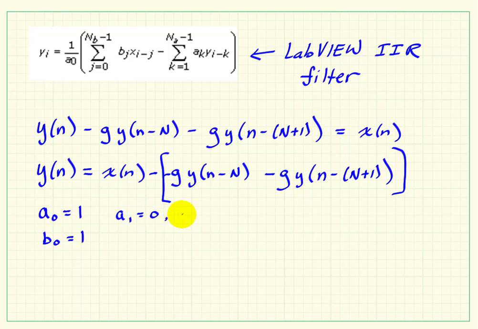We see that we'll have a long string of zero-valued coefficients until we finally get out to capital N. So all of the intermediate coefficients A1 through A sub capital N minus 1 would be 0. A sub N would be minus g, and A sub N plus 1 would also be minus g.